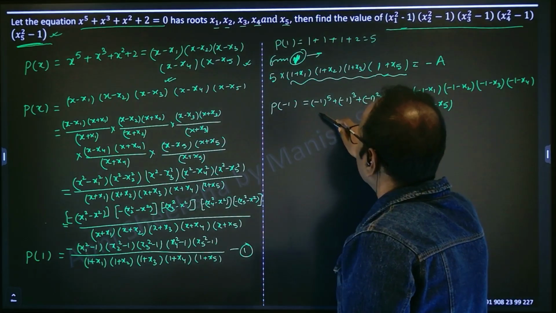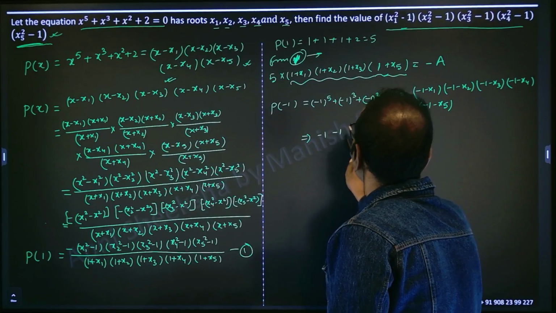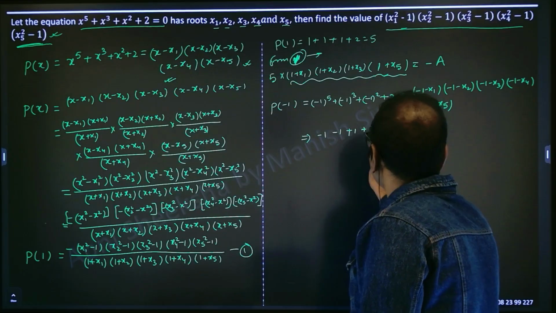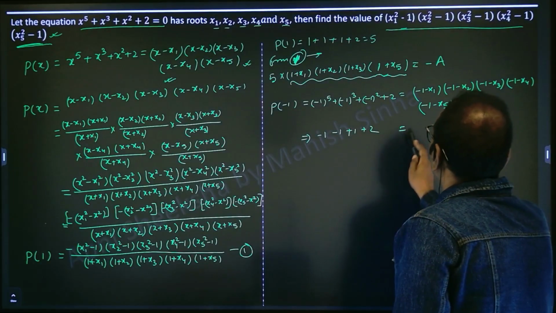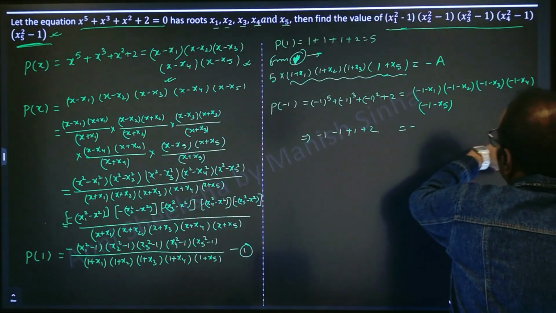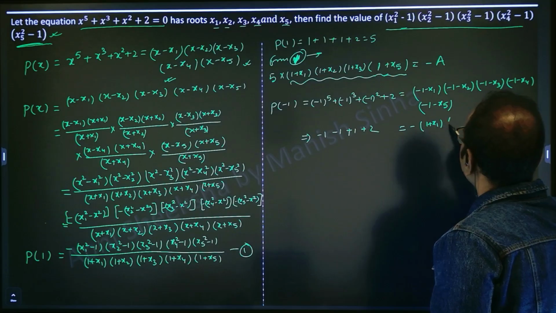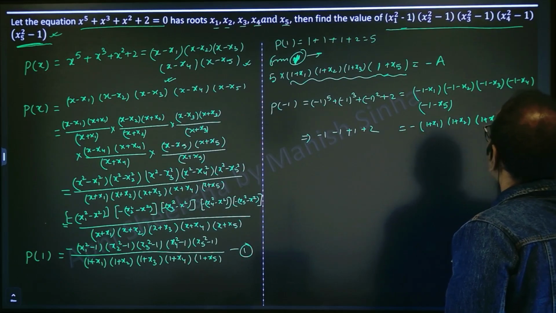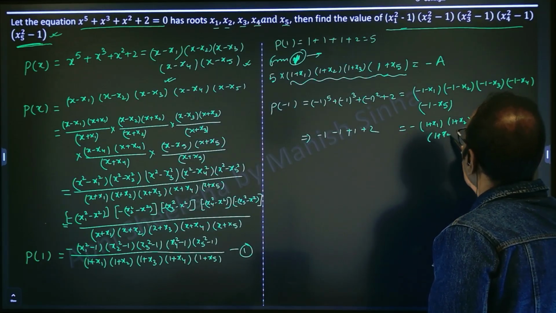So what is the value of this? This is minus 1, this is minus 1, this is plus 1, plus 2. So 2 plus 1 is 3, 3 minus 2 will be 1. So LHS is 1. On the right hand side, we will take minus 1 common from each factor, so we get minus 1 to the power 5 times 1 plus x1, 1 plus x2, 1 plus x3, 1 plus x4, 1 plus x5.